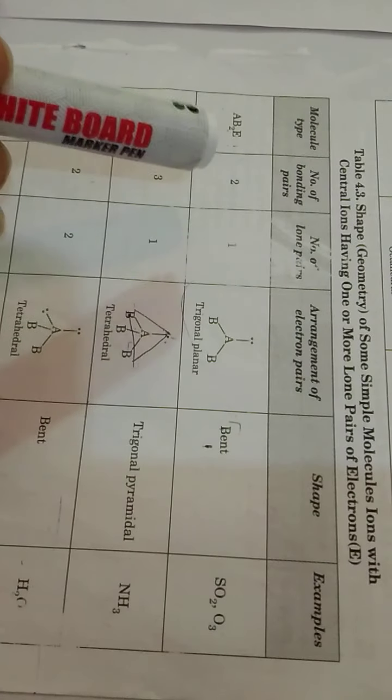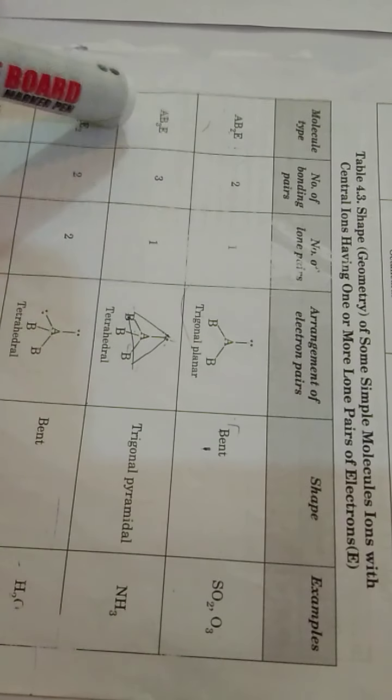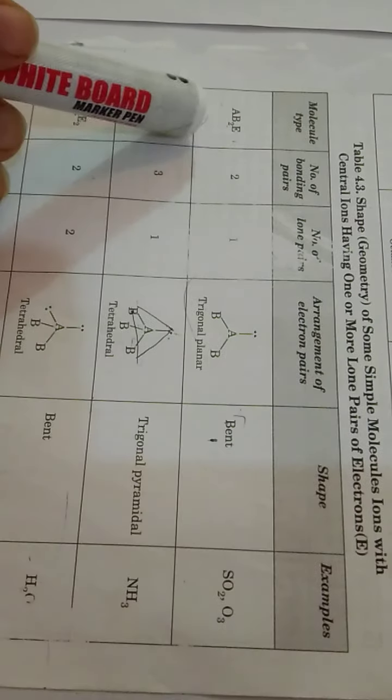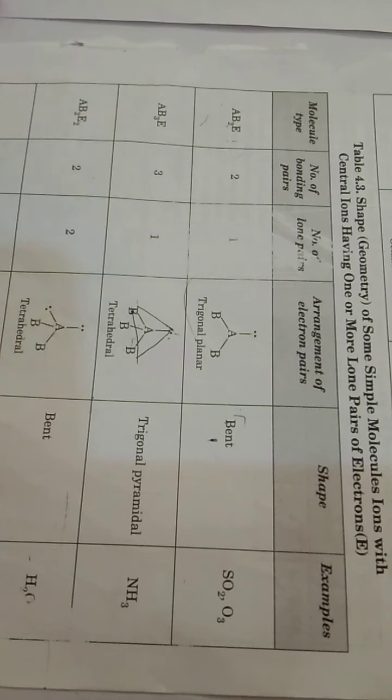So children, in this video we are going to know about the shape of some molecules having electron pairs, lone pairs of electrons, which can be one or more than that. So these are the shapes of those molecules with one or more lone pairs of electrons.